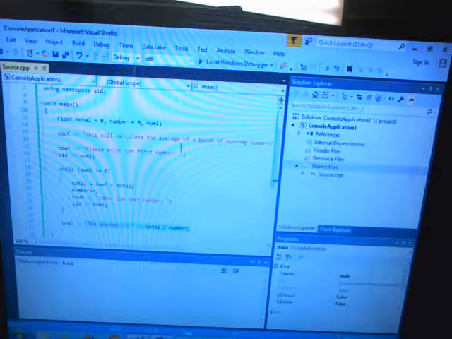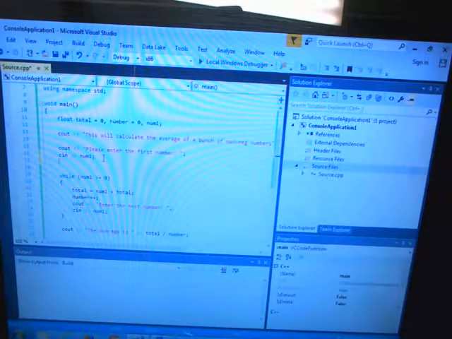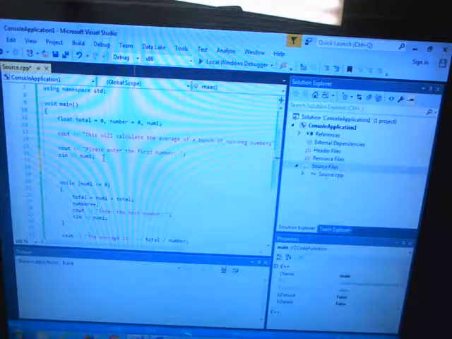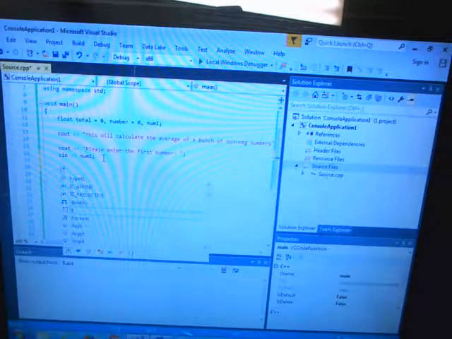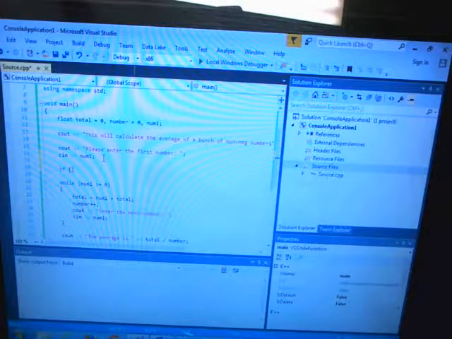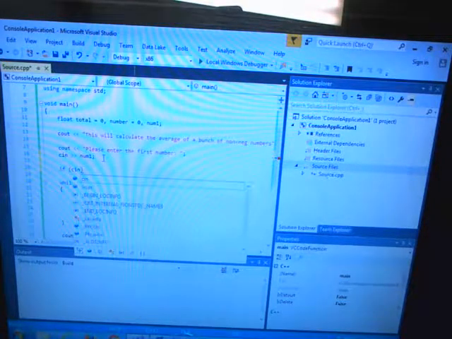Yes. Are we at that level yet? I'm sure there's a function. I'm going to try something here. I think you can do if cin dot fail.